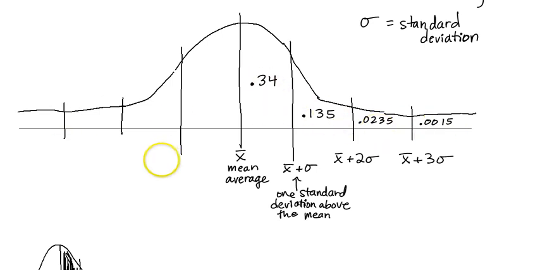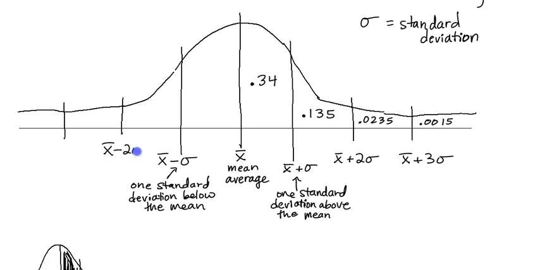Going the other way, I'm also doing my mean and sigma, but now we're subtracting. So in words, that would be represented by 1 standard deviation below the mean. 1 standard deviation below the mean is what that would mean. Woohoo. All right, and then x bar minus 2 sigma, x bar minus 3 sigma.